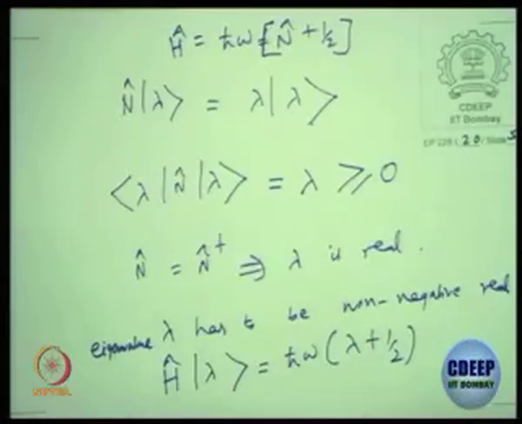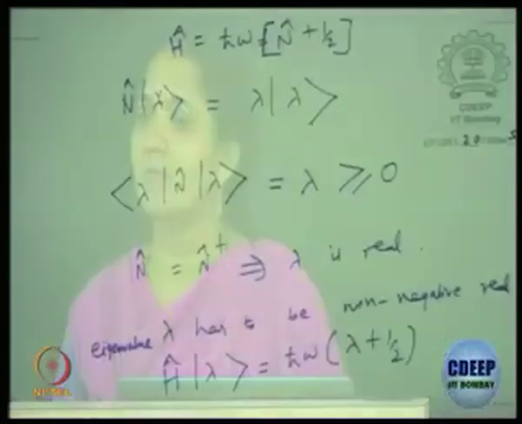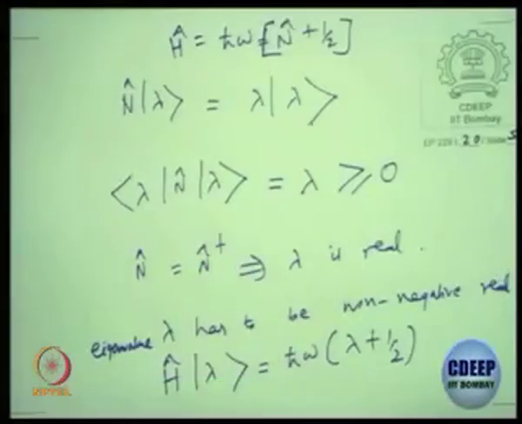This also tells you why lambda is a number, because you know the eigenvalues of the harmonic oscillator involved integers which were non-negative, right, which is consistent with all these. But why integers? This condition only tells me lambda has to be real.